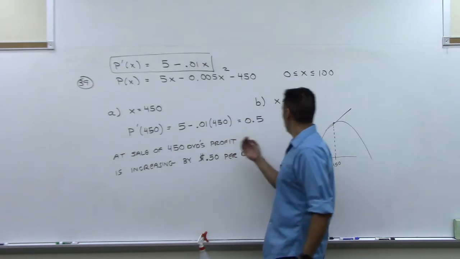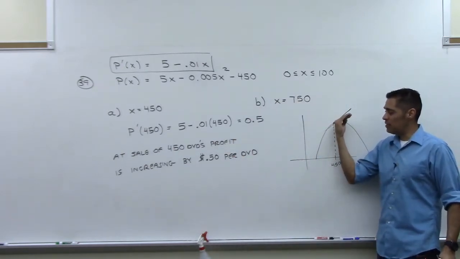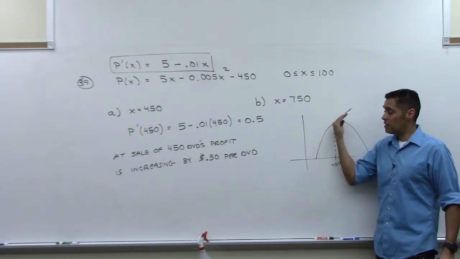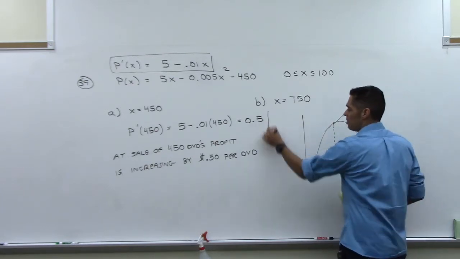Okay, so as we're selling right now, our profit is going up by 50 cents per DVD. Now it's not always going to be like that. It's going to change as time goes on, and it depends on how many we sell.